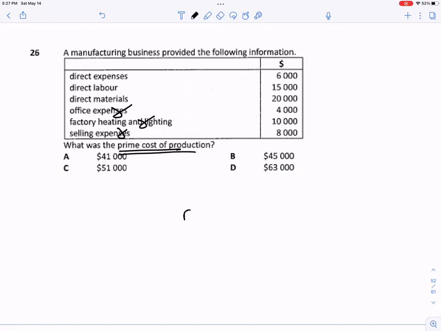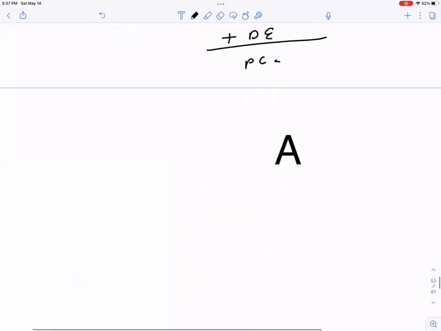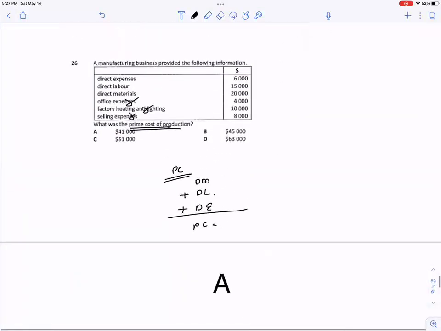Prime cost is what? Direct material plus direct labor plus direct expenses gives me prime cost. So the answer is what? You just add all these three, right?